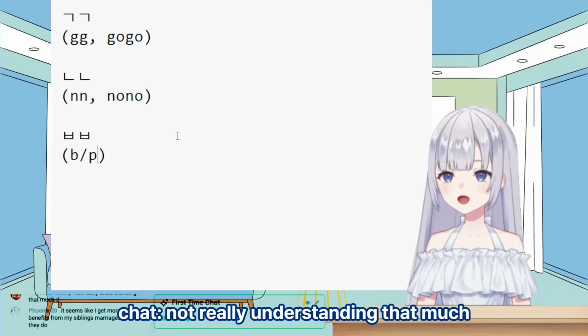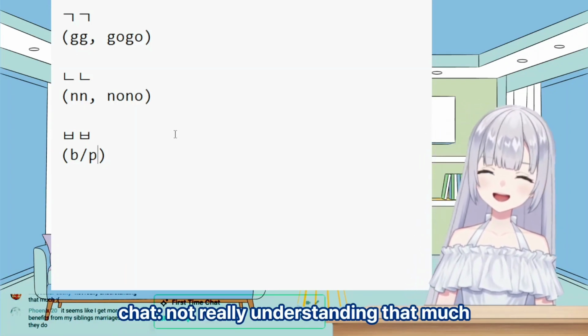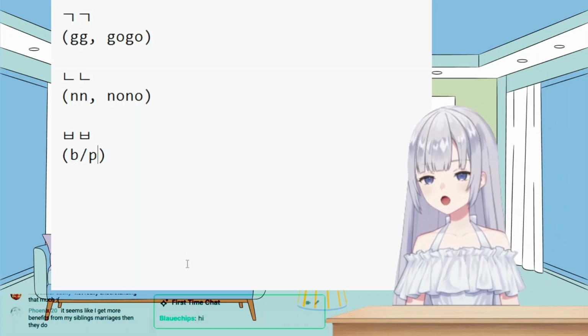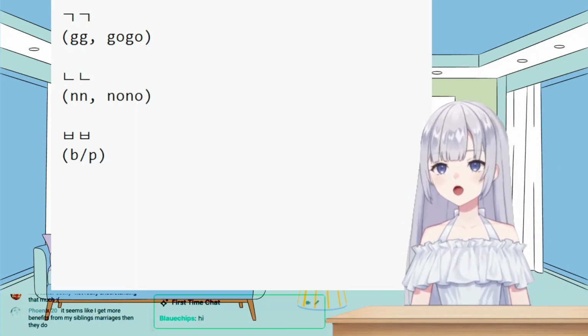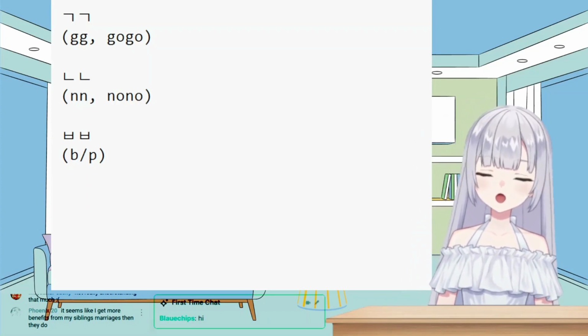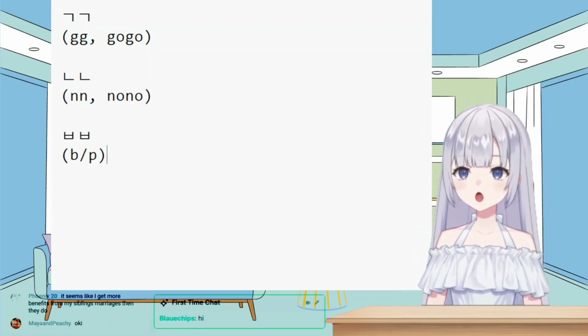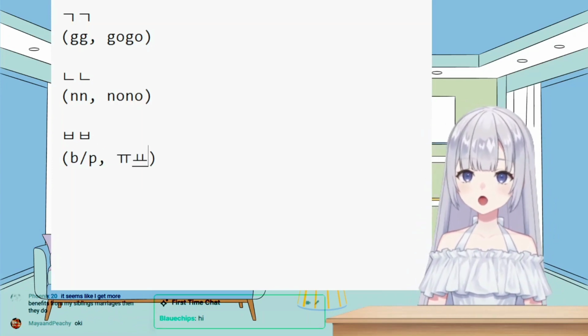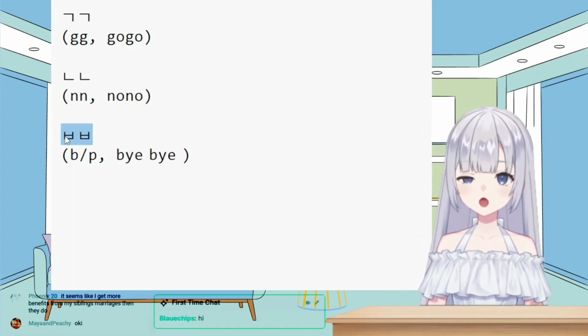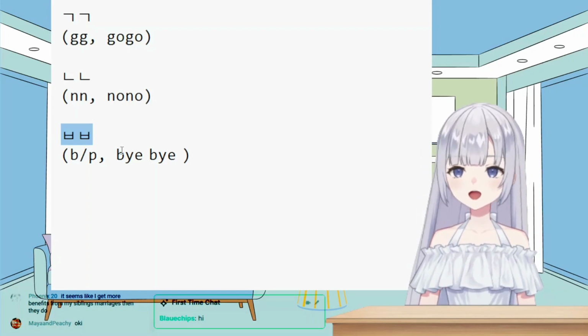For languages, I would say try not to memorize it, but get used to it. That's why I'm repeating this, so you can have more exposure. Basically, when there are two B sounds together, that means bye.